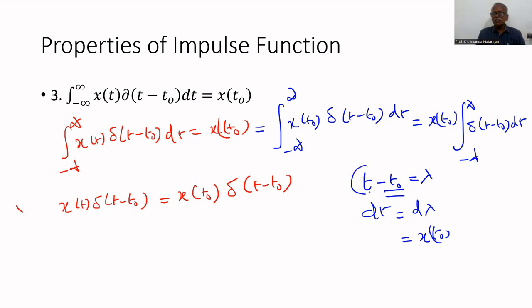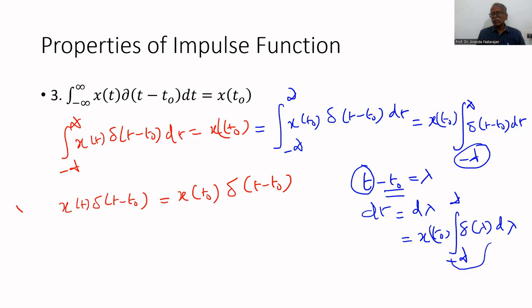As t tends to minus infinity, minus infinity minus t0 is minus infinity, that's why the lower limit is minus infinity. For the upper limit, when t tends to infinity, lambda also tends to infinity because infinity minus t0 is infinity. Therefore, x(t0) times the integral from minus infinity to plus infinity of δ(lambda) d lambda.